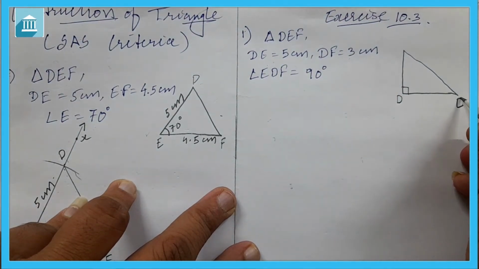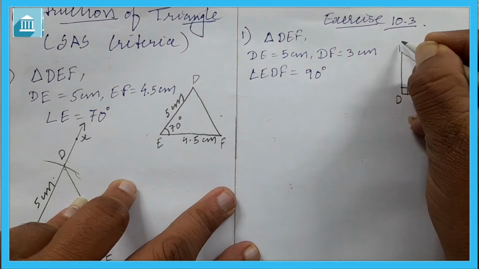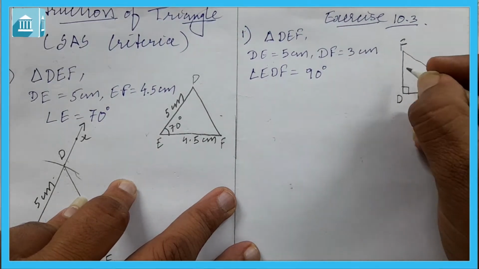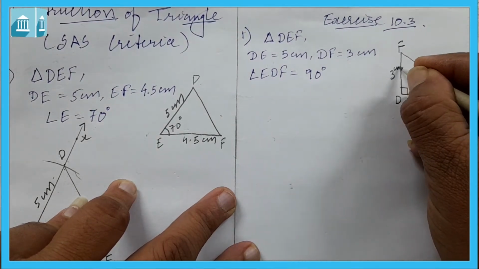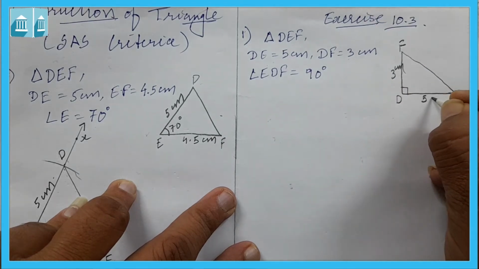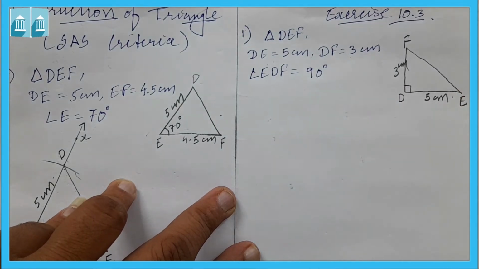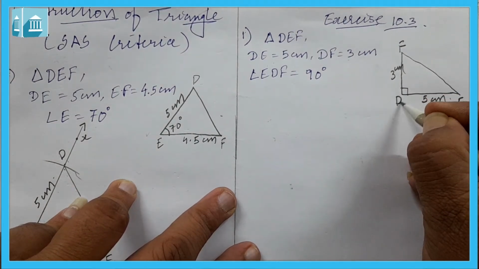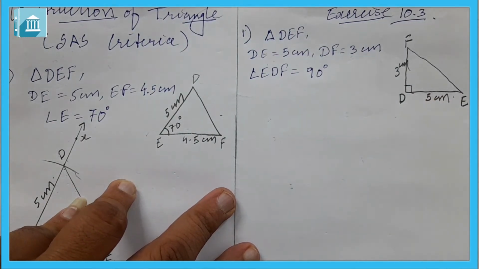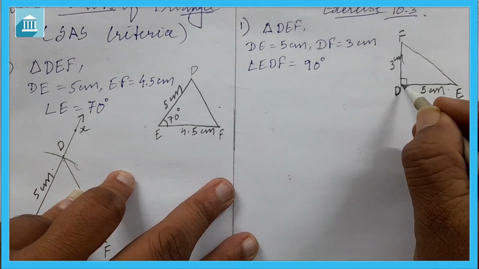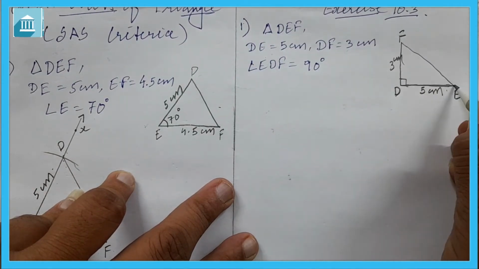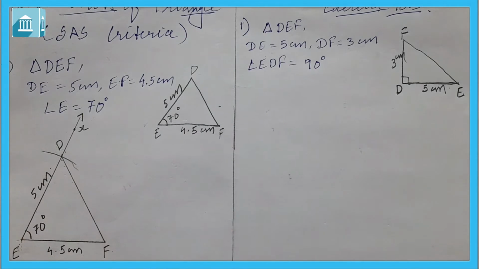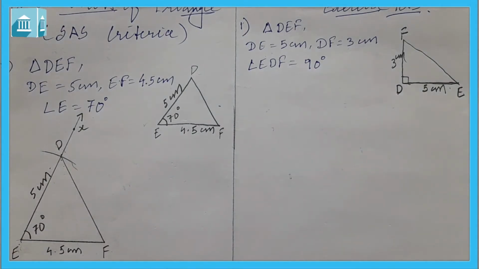So here it will be DE, and here F. This is 3 centimeter, this is 5 centimeter. Now we have to draw this triangle. As we always do, first we have to draw the base. Let us first draw the base.